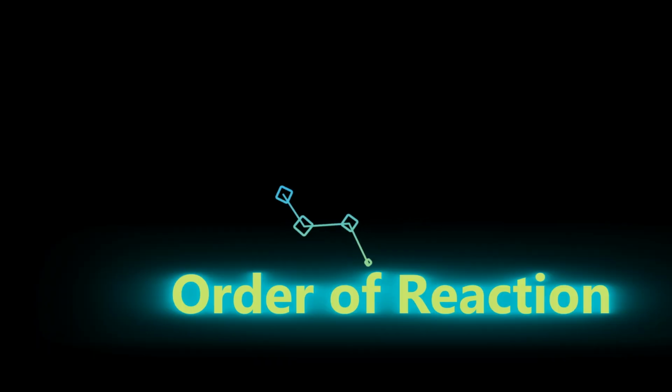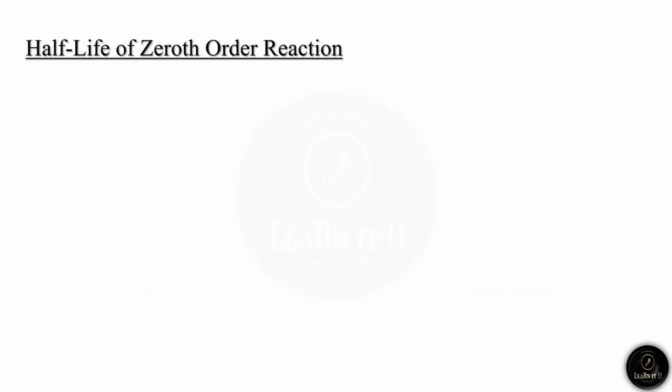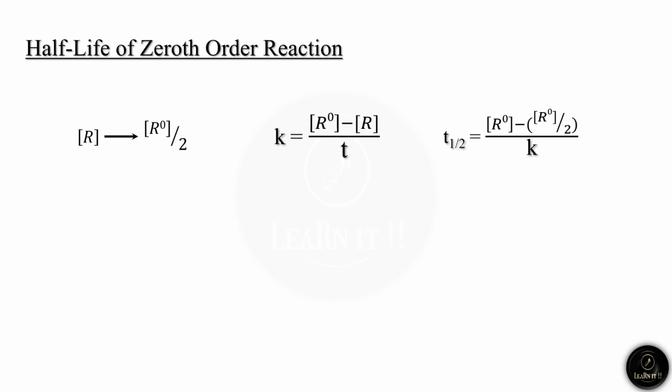Now we are going to discuss half-life period with different orders of reactions. So the first one is half-life period of zeroth order reaction. As we know, with respect to half-life period, the concentration of the reactant is reduced to its half. When we put this into the integrated rate equation for zeroth order reaction, that is k is equal to concentration of R0 minus concentration of R divided by t, we get t half is equal to concentration of R0 minus concentration of R0 divided by 2, divided by k.